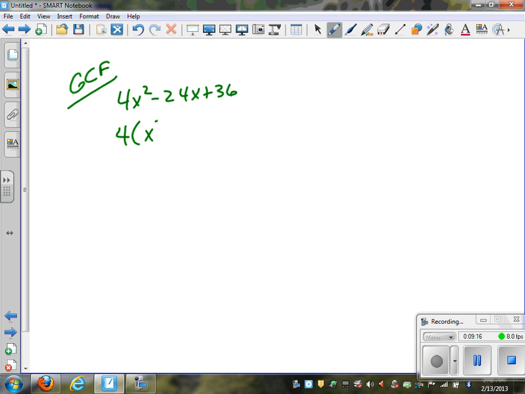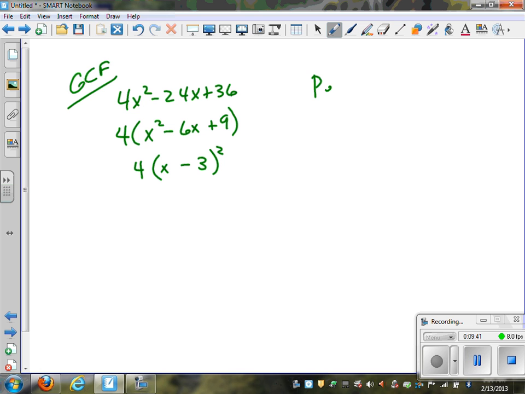So what are you going to have here? x squared minus 6x plus 9. Now, is that a perfect square trinomial? What are you squaring here? Squaring x, and squaring 3. Signs are the same, they're both minus. You multiply those and double it, so you get negative 6x. Yes. Okay, so that one works.